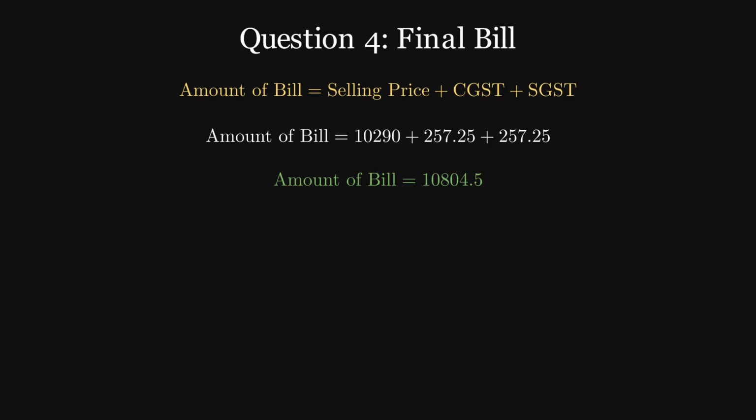Therefore, amount of bill is 10,290 plus 257.25 plus 257.25. This gives rupees 10,804.5. So the final answer for question 4 is rupees 10,804.5.